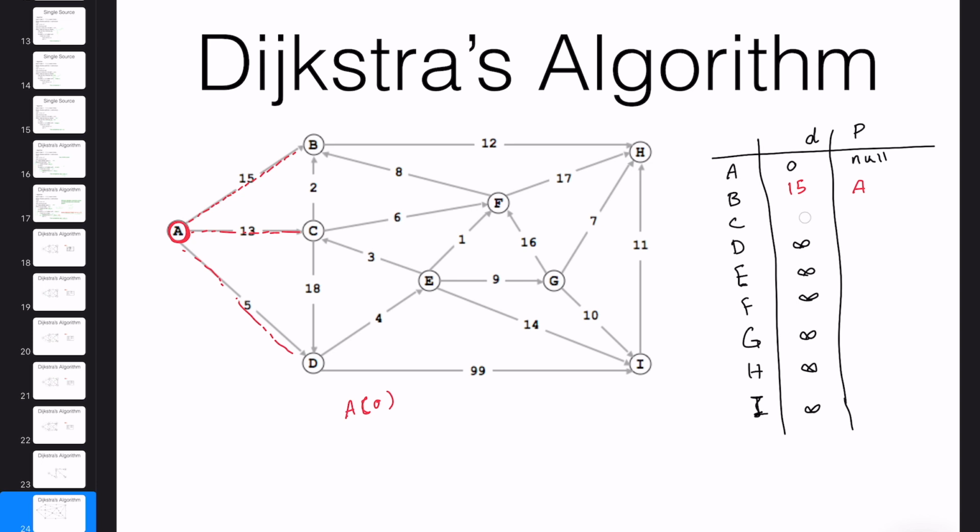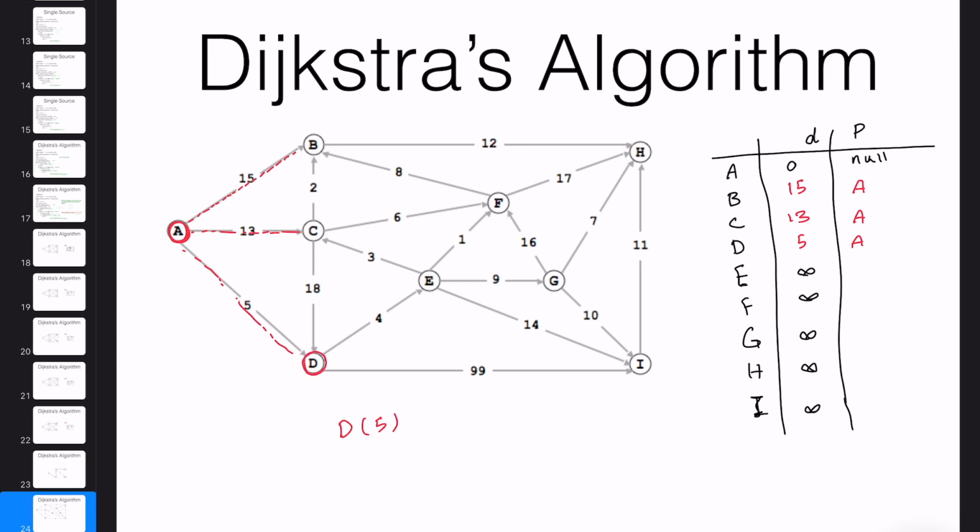The other node is C. The cost is going to be 13, the parent is A. The other node is D. The cost is 5, and the parent will be set to A. Okay, so the next node that will be removed from your priority queue based on this distance D is going to be the node D with the cost 5.